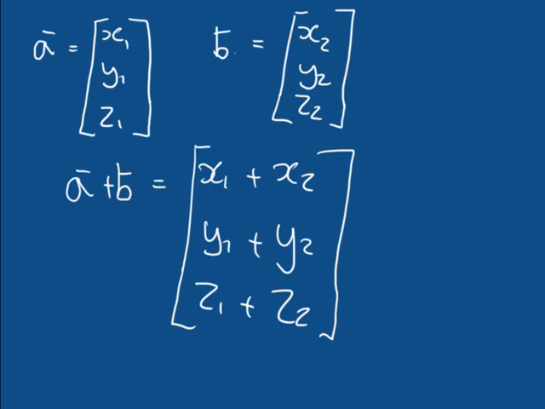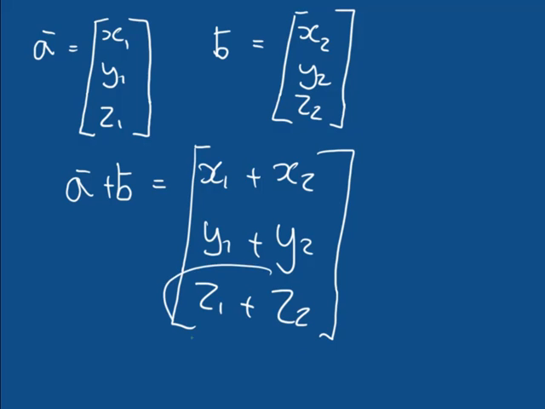So there's really no difference. We still go through component by component and we add the likewise components. We add component 1 to component 1 to generate the first component of the result, just as in our 2D case. We add component 2 to component 2 to generate the second component of our result, again just like in our 2D case. And now we add component 3 to component 3 to generate the third component of our result.